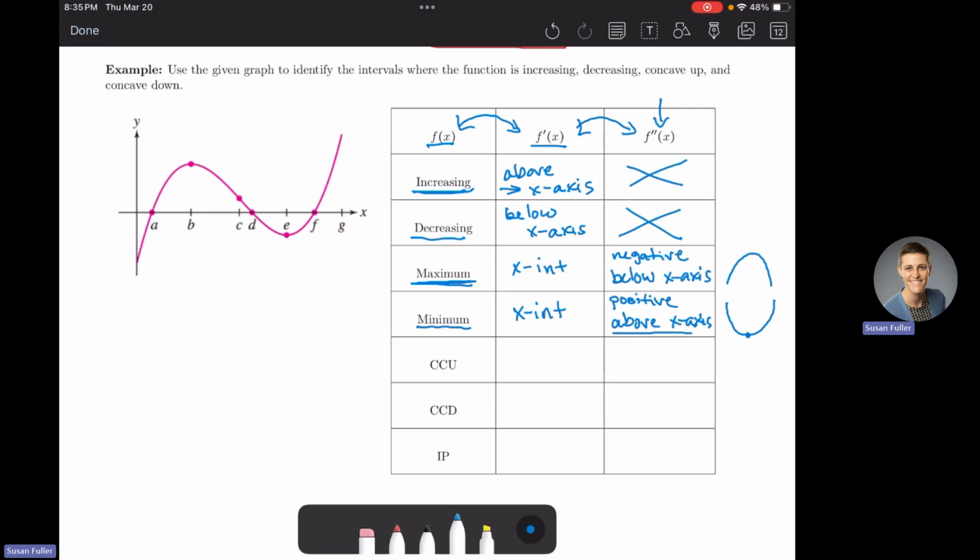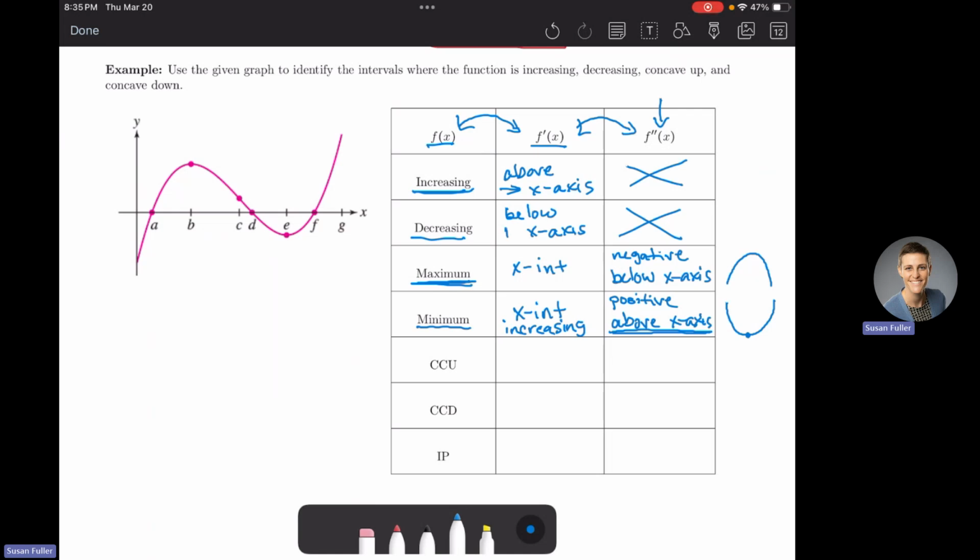If my second derivative is above the x-axis, if it's positive, I know that my f prime, my slopes, are going to be increasing. So not only am I at an x-intercept, but if I'm increasing at the x-intercept, I know that my OG had a minimum there.